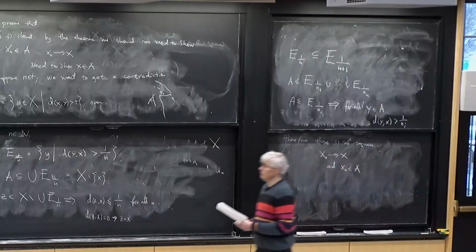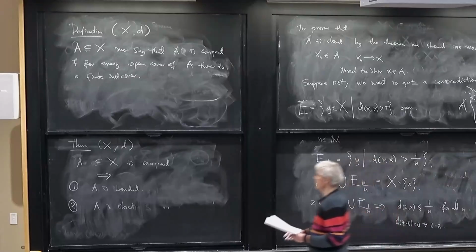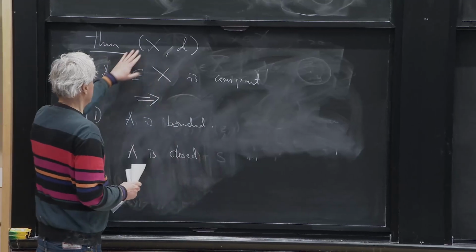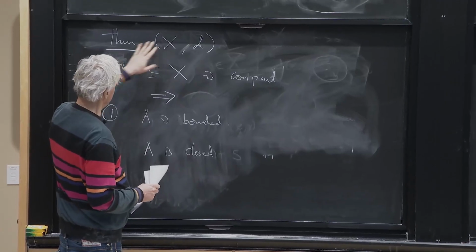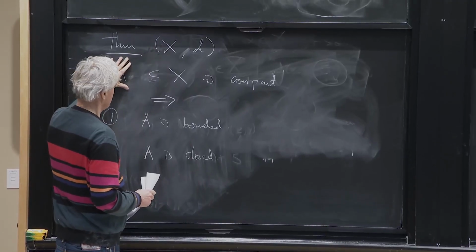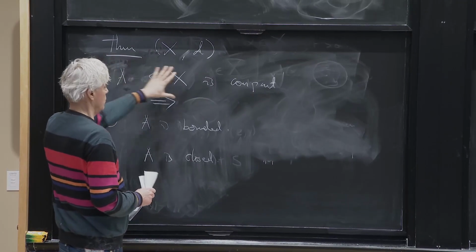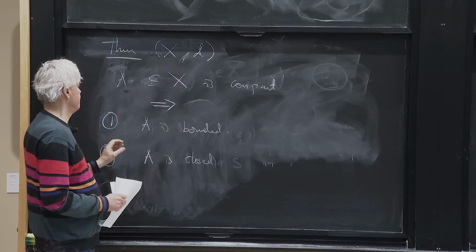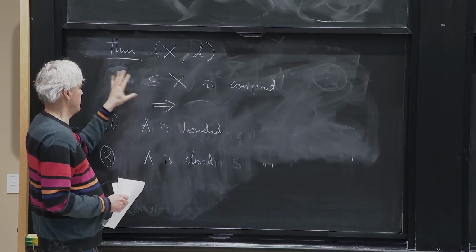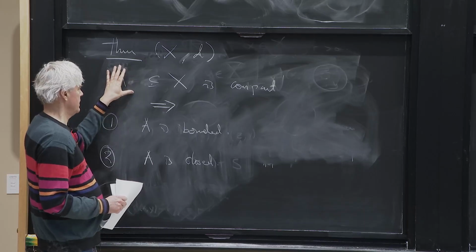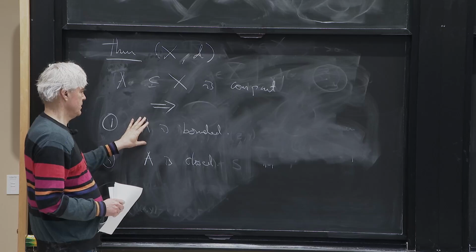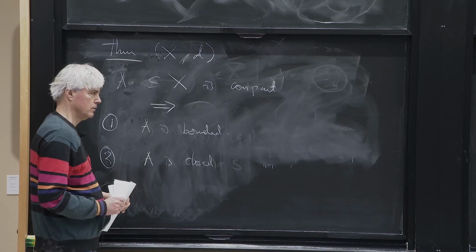So this proved that if you take a metric space and a compact subset, the compact subset could of course be all of X. That's fine. But I want to allow more generally a subset that is compact, which means that it's bounded and closed.